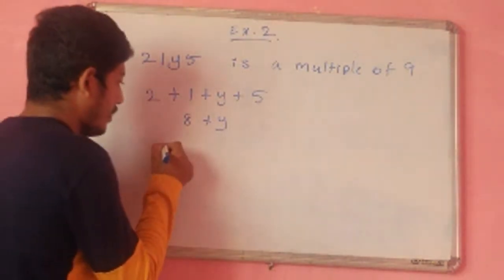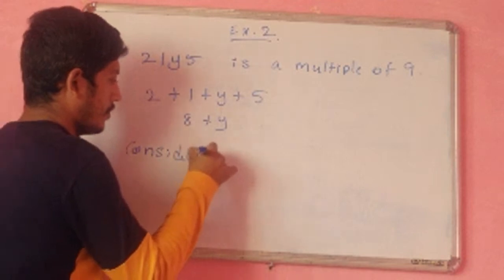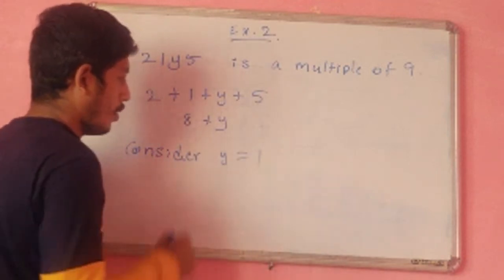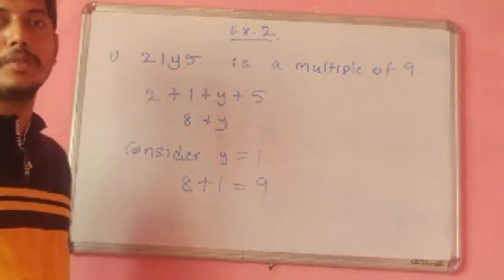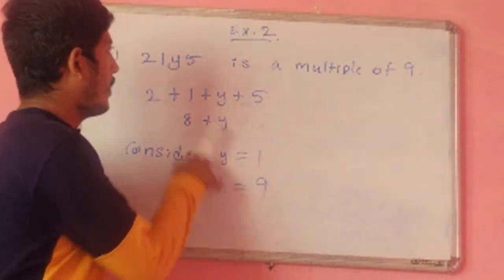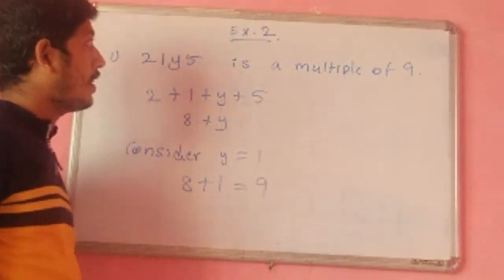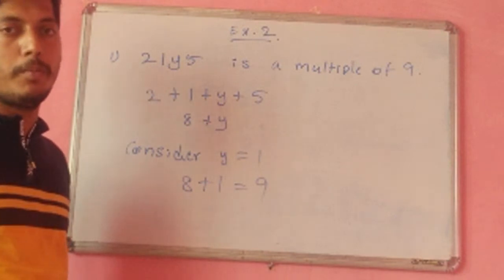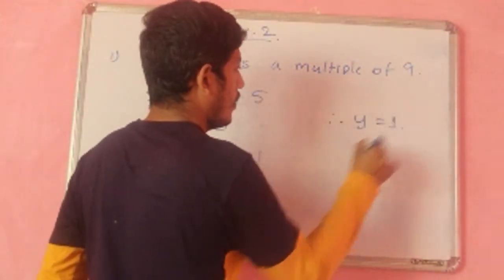So if I consider y equals 1, what happens? 8 plus 1 becomes 9, and 9 is divisible by 9. So when this is divisible by 9, then 2115 is also divisible by 9. So therefore the value of y is 1.